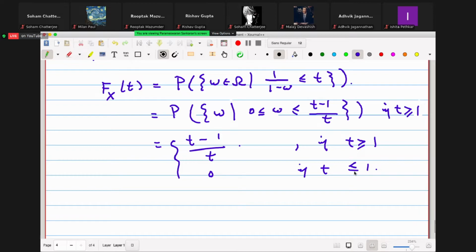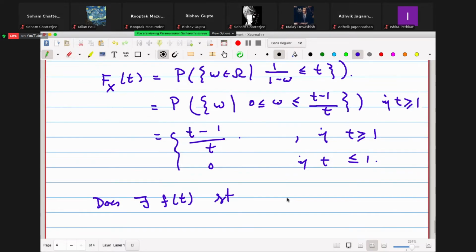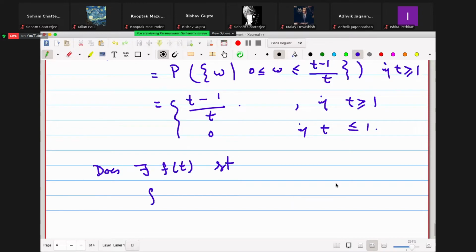So the question is, does there exist f of t such that the integral from minus infinity to t of f of u du is equal to this function F_X of t.